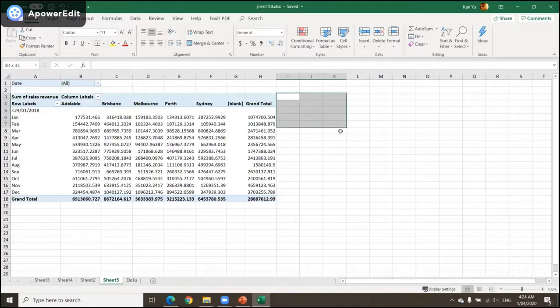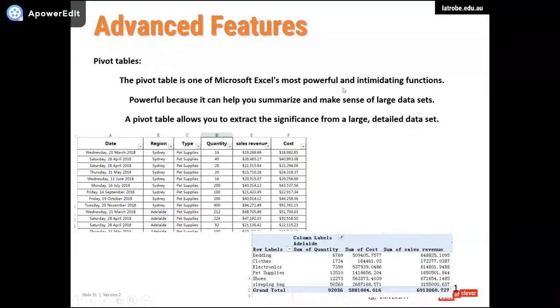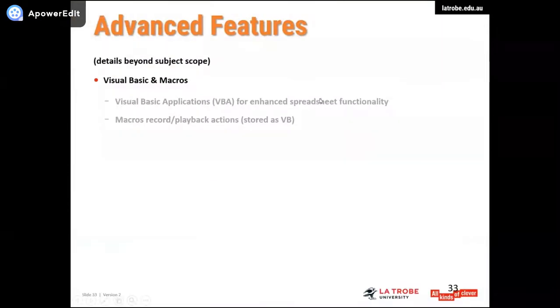So the second advanced feature is Visual Basic and the macros. So Visual Basic for Applications, short for VBA, can further enhance the spreadsheet functionalities. So you can do some small programming using Visual Basic to achieve even more complicated functions in the spreadsheet, which is sometimes very helpful. Same as macros.